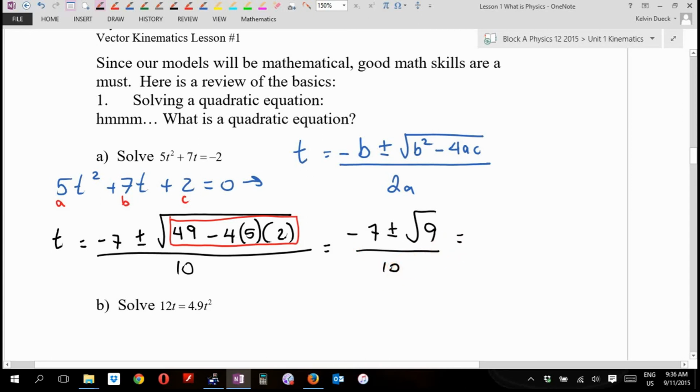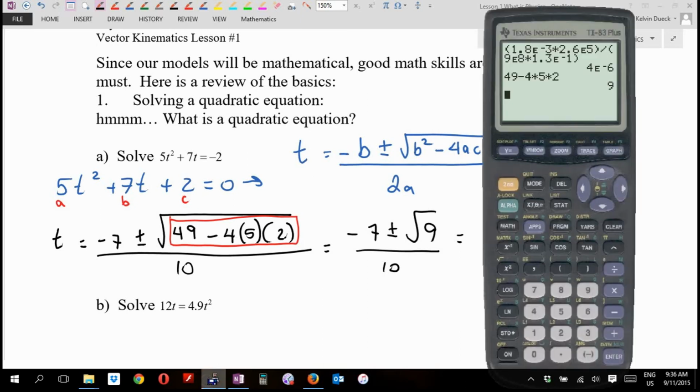Did I go on a little calculator rant last class about the usefulness of having a calculator with arrows and things? Those of you that have cheap calculators, not mentioning any names, here's what I can do. First of all, is there a fraction in this question? Everybody say yes. Is there more than one number on the top?